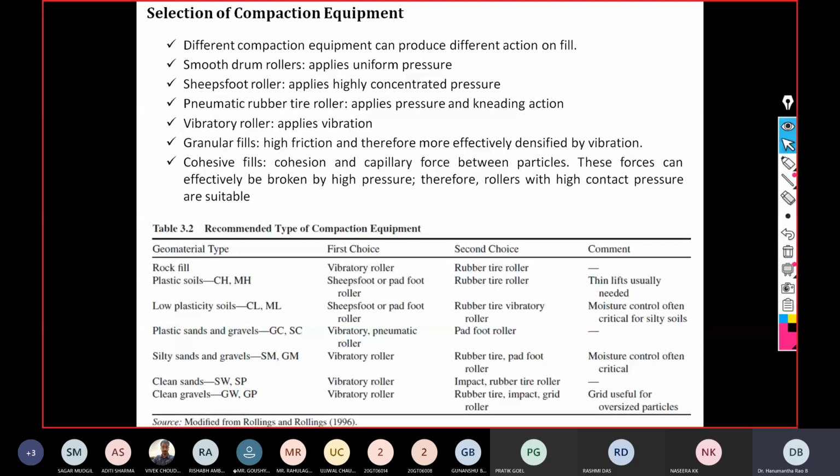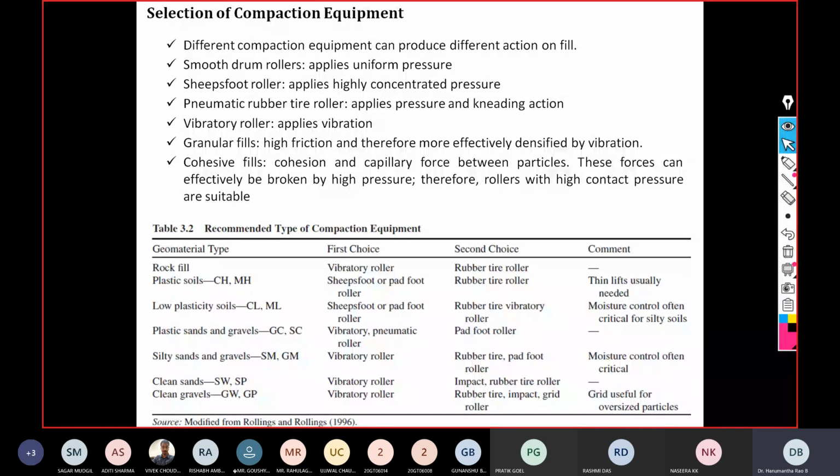So if the desired equipment is not available, then what is the alternative? Okay. So let us first initially understand, say the equipment is available. Then how to select that particular equipment? So there are different compaction equipment that can produce different actions on the field. So smooth drum rollers apply uniform pressure. This is very well known. The sheep-foot roller applies some kind of a kneading action.